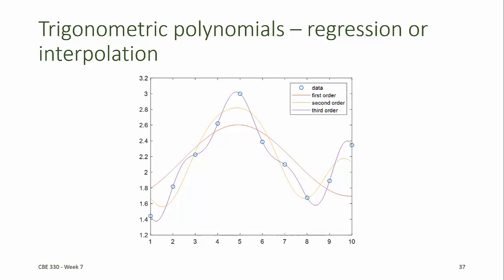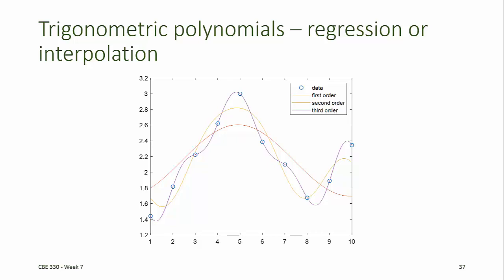Finally, we might fit these data with trigonometric polynomials. If we do this using a trigonometric polynomial that has fewer unknown coefficients than we have data points, then we're performing polynomial regression, fitting the data to a sum of a number of sine and cosine functions.